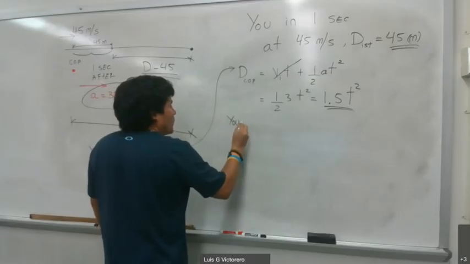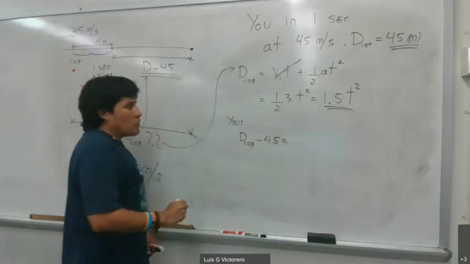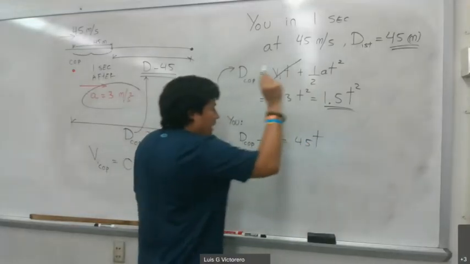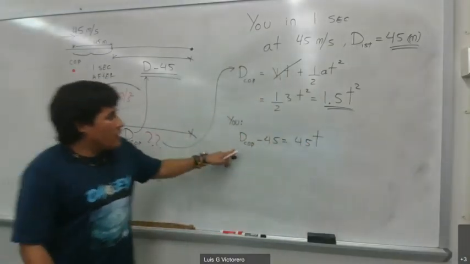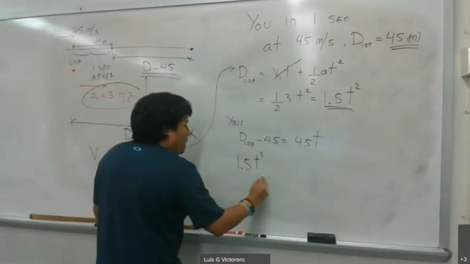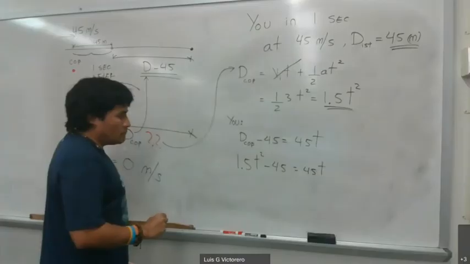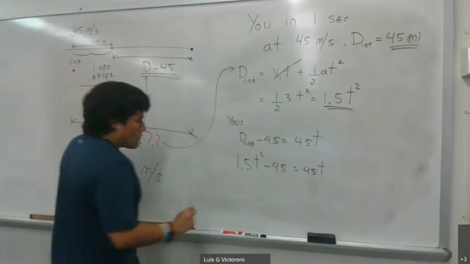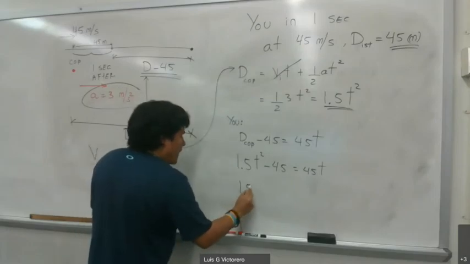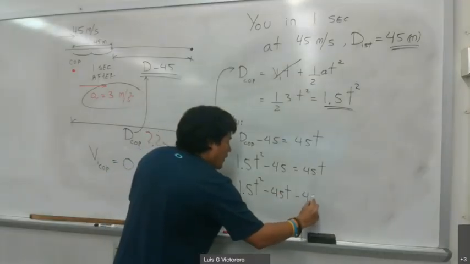D of the cop minus 45 is equal to, because you are going at constant speed, 45t. So 1.5 t squared minus 45 equals 45t. Then 1.5 t squared minus 45t minus 45.